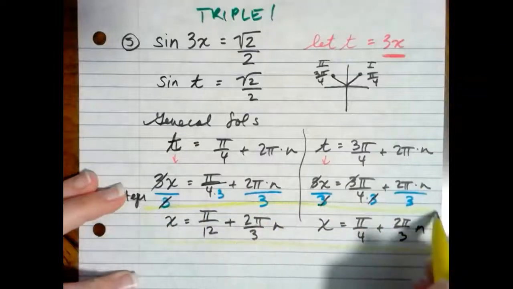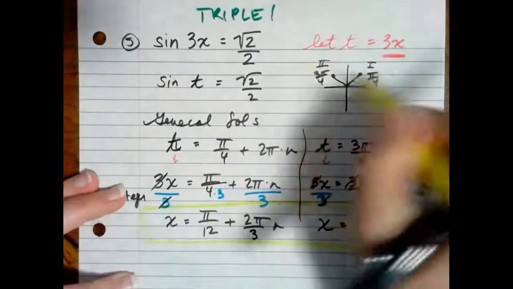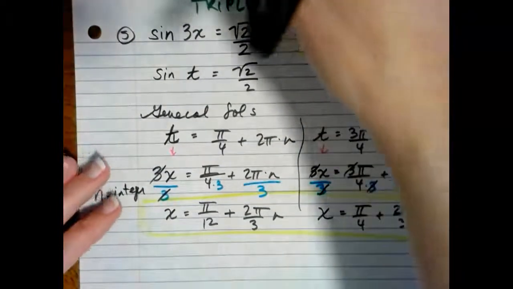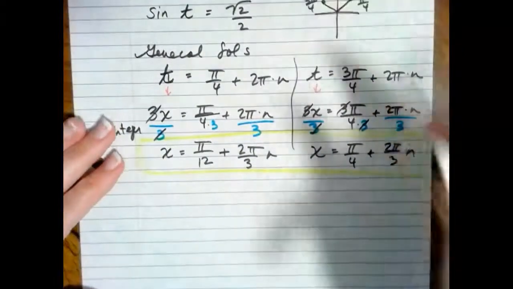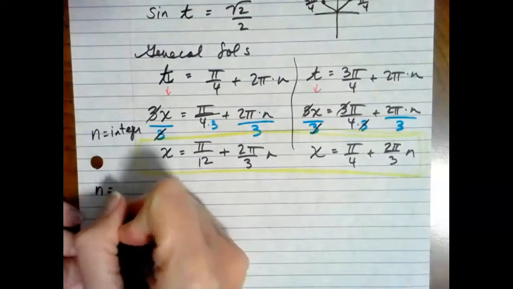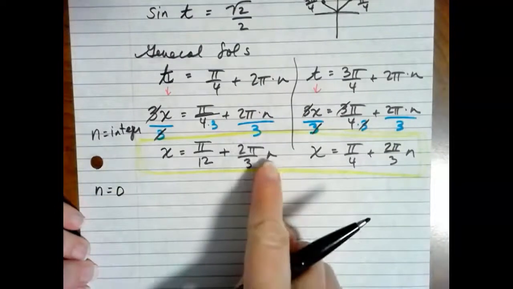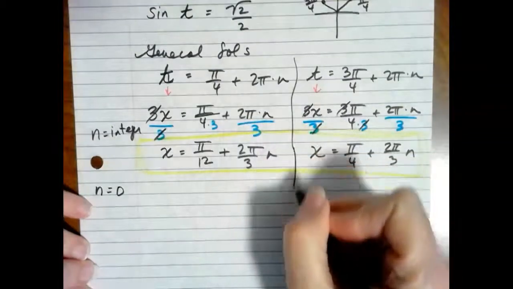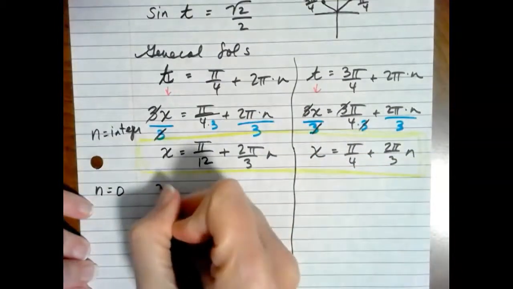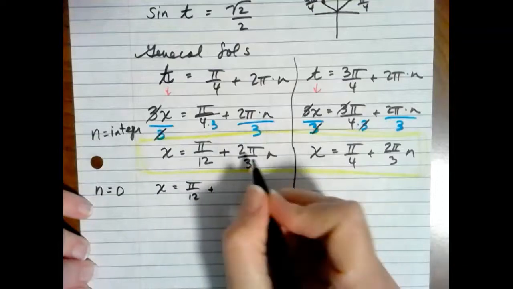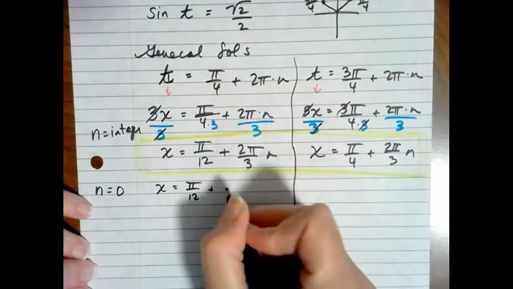So here are our two general solutions. And whenever we have to start with some sort of substitution value, we're always going to go to those general solutions first. So using those general solutions, we're now going to set up a table, and we're going to first let n equal 0, and we're going to plug in zeros in both of these spots. X equals pi over 12 plus 2/3 pi times n.